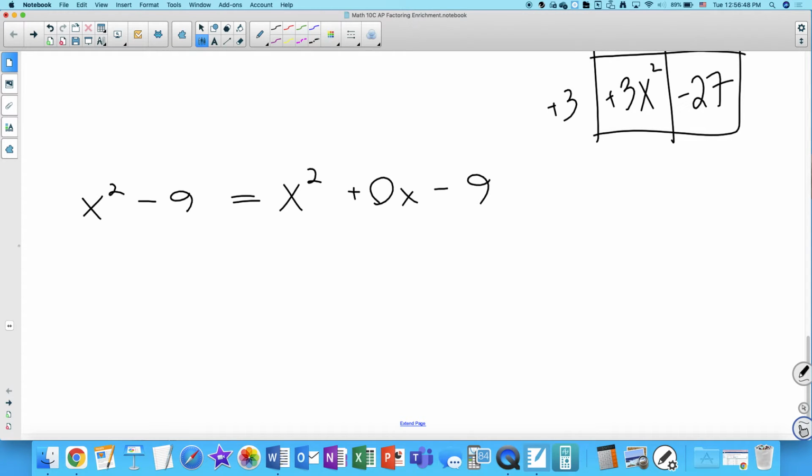It's artificially a trinomial where you're looking for two numbers that multiply to 1 times negative 9, which is negative 9, and add to 0. The only way that two numbers can add to 0 is if they have the same magnitude and a different sign, right? So the numbers here that will work are 3 and negative 3. Does that make sense? Yeah.